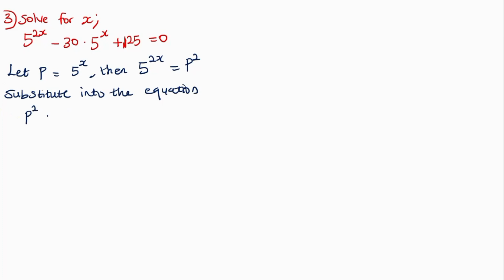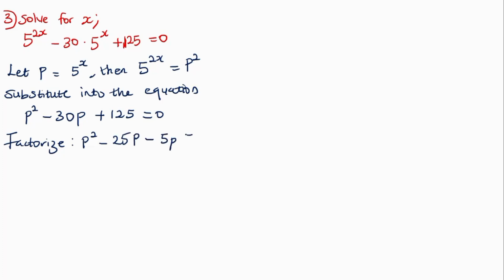p squared minus 30. Since p is equal to 5^x here, this becomes 30p plus 125 is equal to 0. Now let's simply factorize this. So factorizing this becomes p squared minus 25p minus 5p plus 125 is equal to 0.